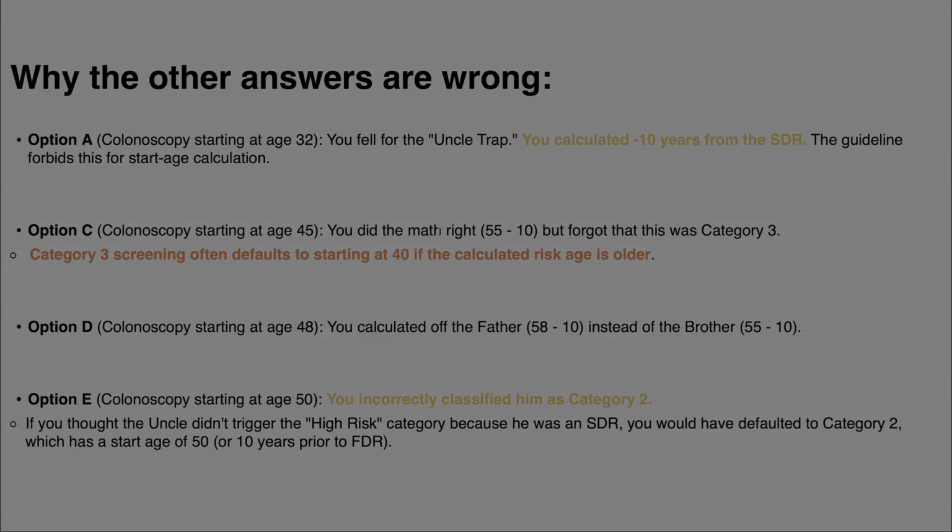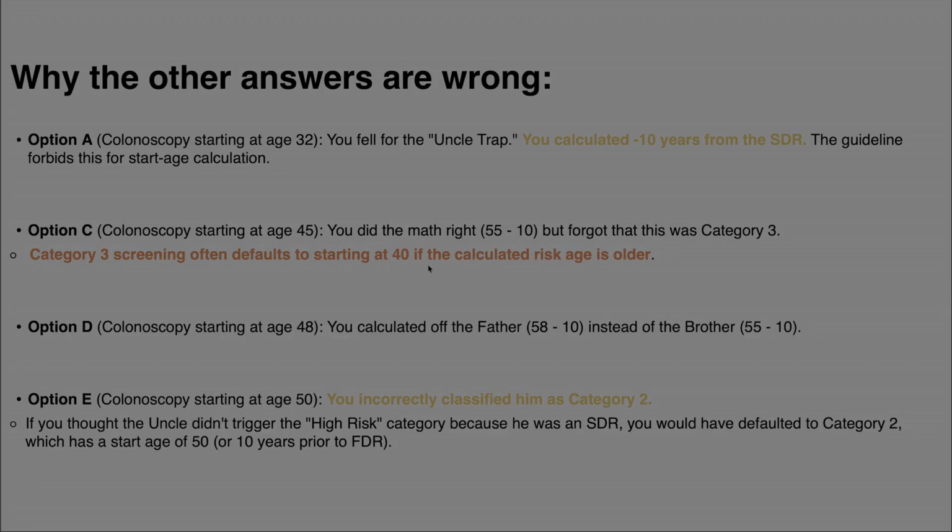Option C, age of 45. Now, this one is tricky. You did the math right. The brother's age is 55 and you minus 10, which gives you 45. But you forgot the guideline's rule. In category 3, the rule says 10 years prior to the first degree relative or age 40, whichever is earlier.